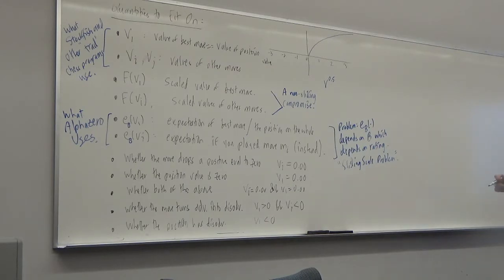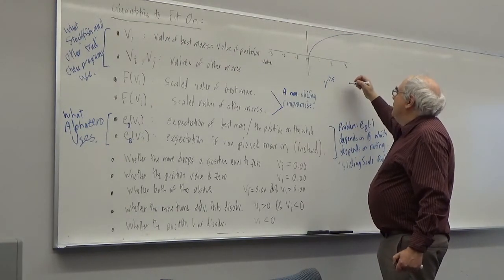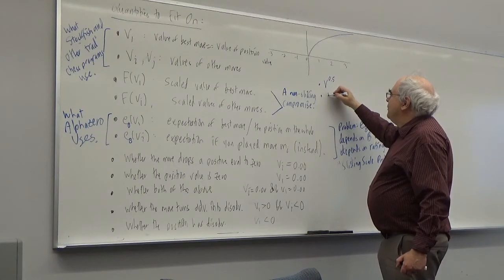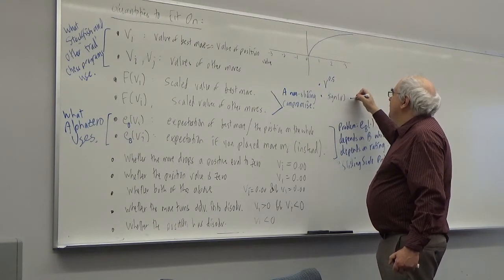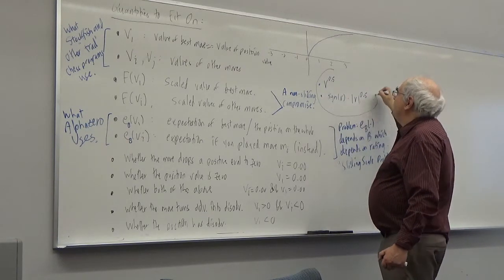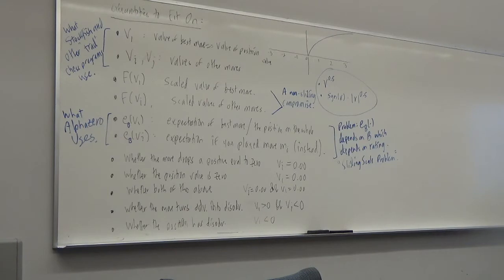Okay, so therefore, what we might want to define instead is the function the sign of v times the absolute value of v raised to the 0.5. Okay. Now, if we do this, this is the negative respecting power or mirror respecting power.